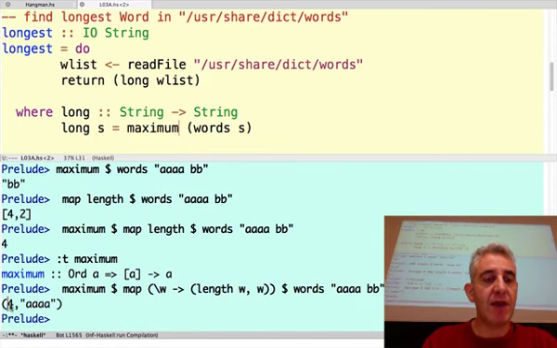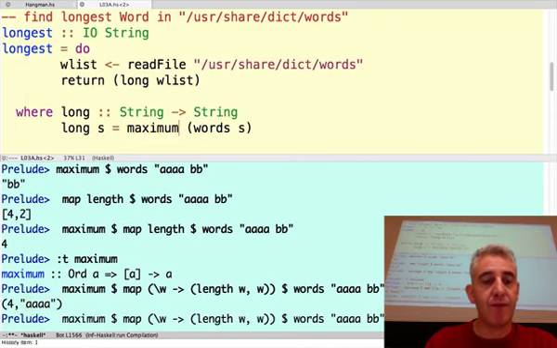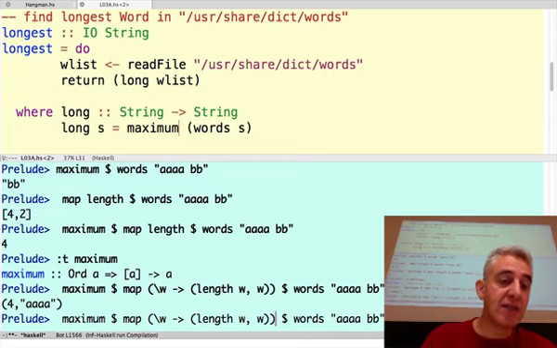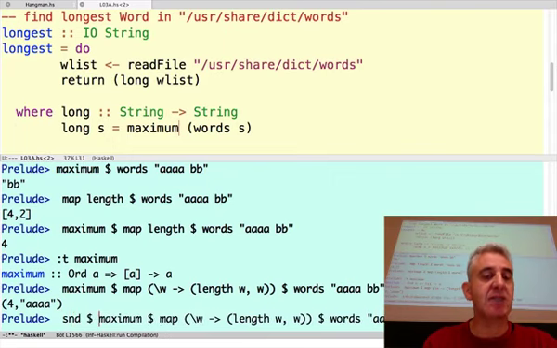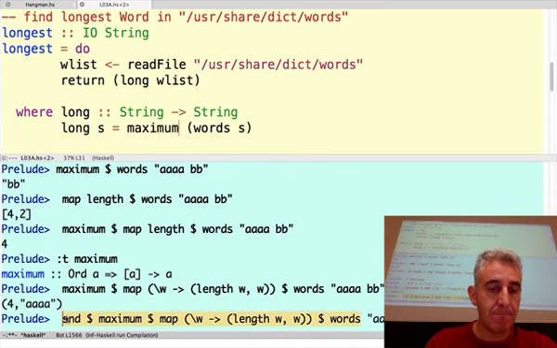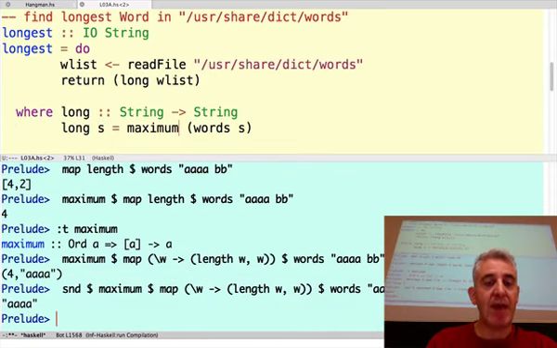And so then you see that we have a length 4 word with 4 A's. So how do we get the result we want from that? We just need to take the second element, with the function second, which takes the second element of a pair. So I'm doing this sequence of computations, and we get the maximum. So what is that sequence of things? Well, that sequence is just a composition of a bunch of functions.